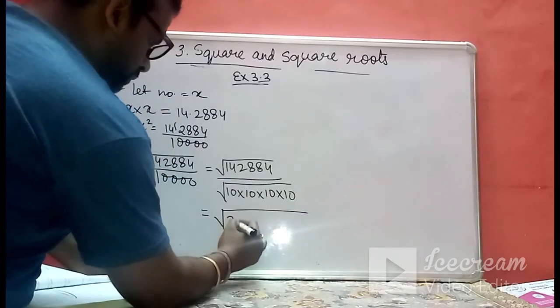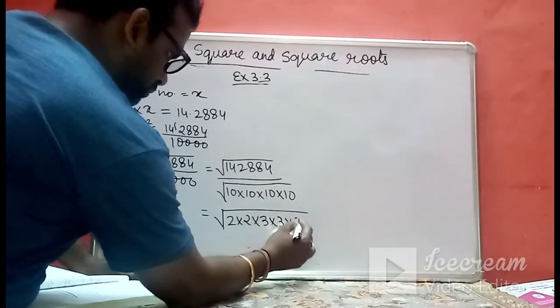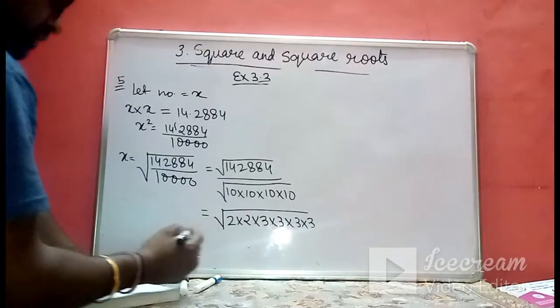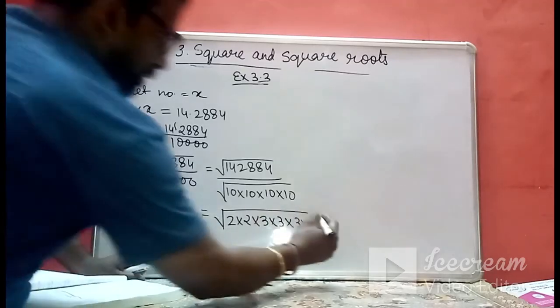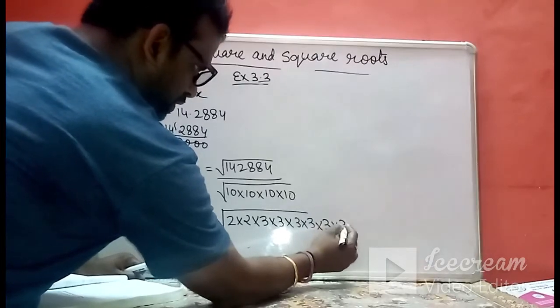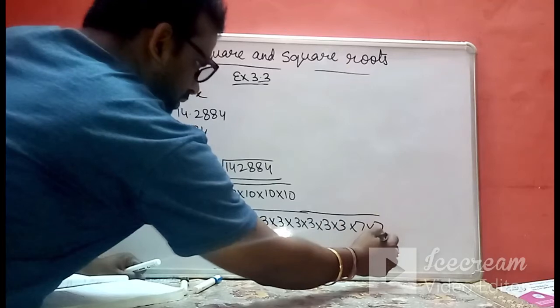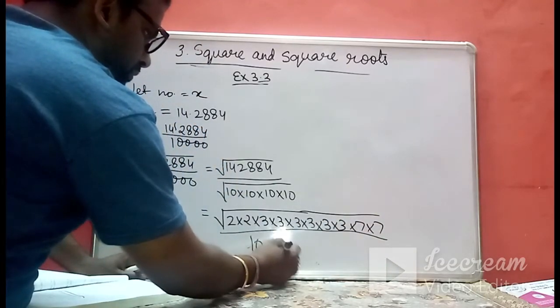It is 2 into 2 into 3 into 3 into 3 into 3, then 3 into 3 into 7 into 7, upon 10 into 10.